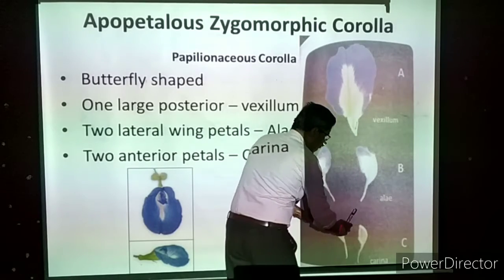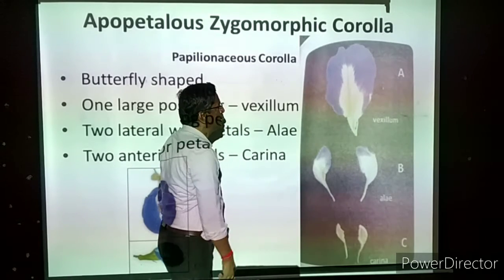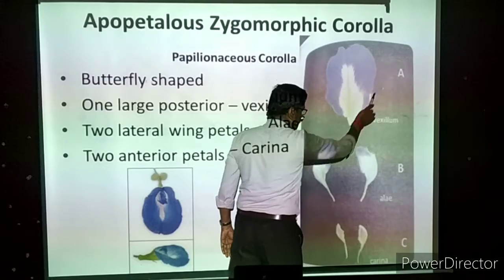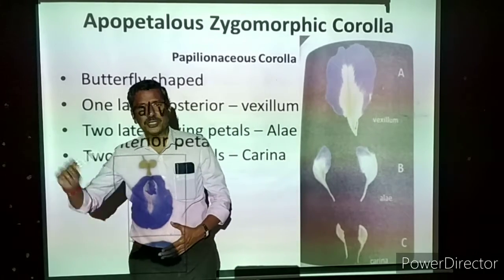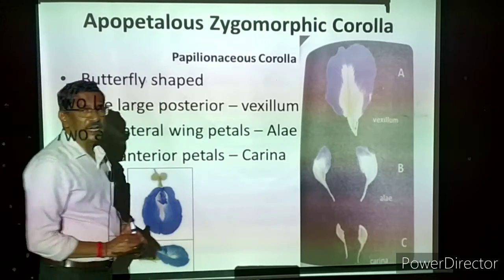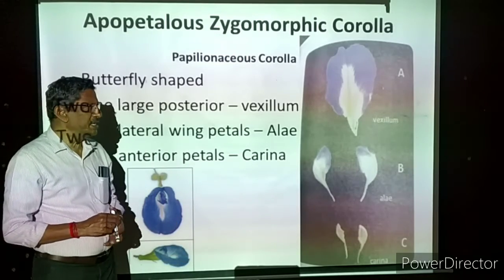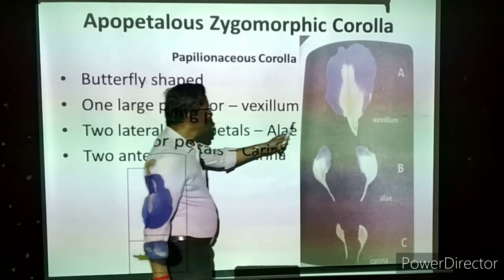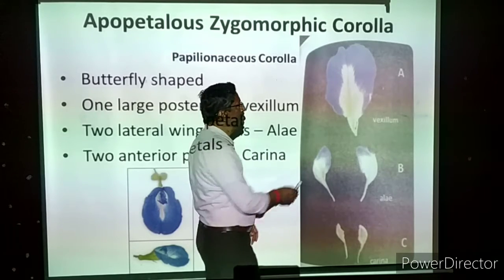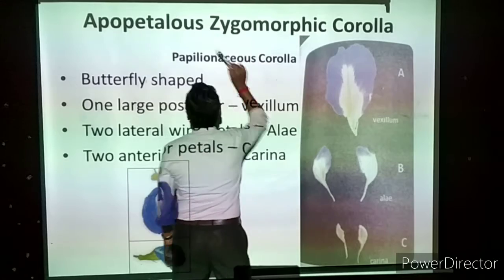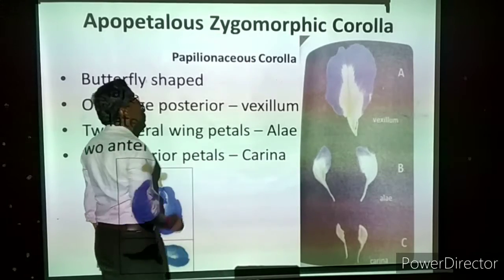Here one, here also one. So two equal. Suppose I change the sectioning, you will not get two equal halves. But in the first one, actinomorphic, it is not like that. Any angle you can cut through the center, you will get two equal halves. But here you cannot get two equal halves. Only in one particular direction we will get two equal halves. That is called a zygomorphic corolla.